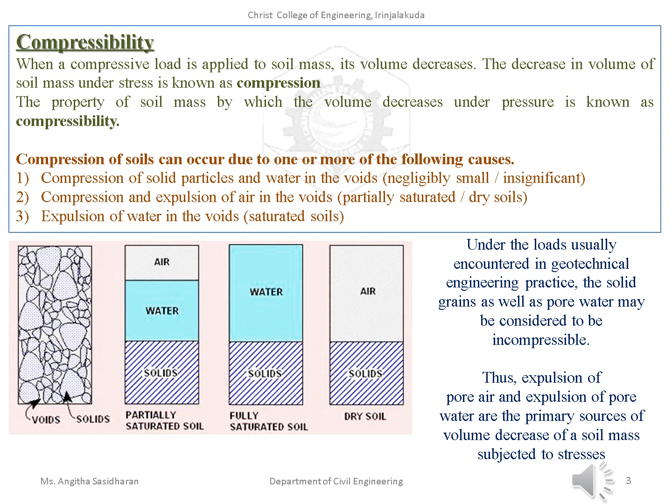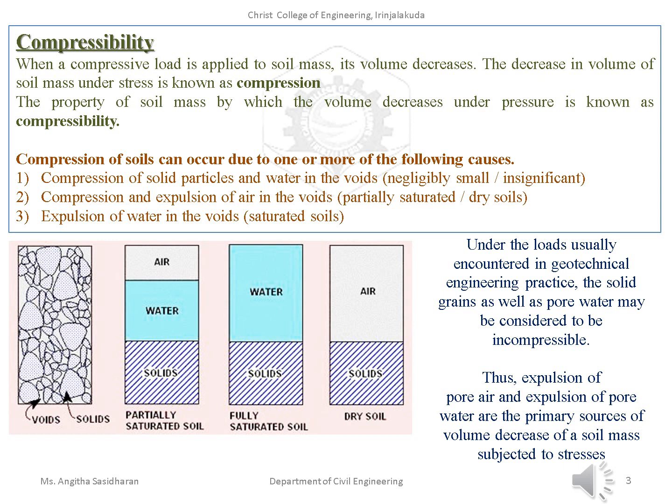So again, how can we achieve compression of soil? There is air in the void, so you can compress and expel the air out of the void. That is a possibility, and that can happen in partially saturated and dry soil where air is present in the soil mass.